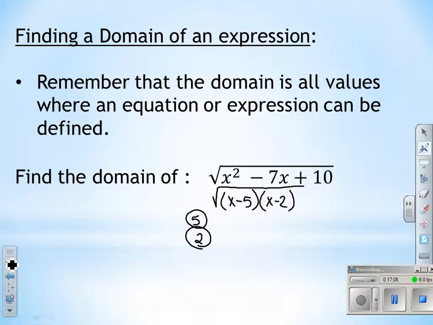But let's look at negative infinity to 2, 2 through 5, and also 5 to positive infinity.